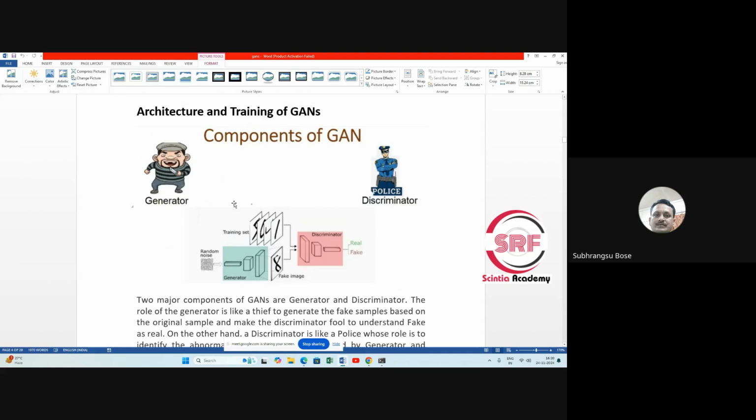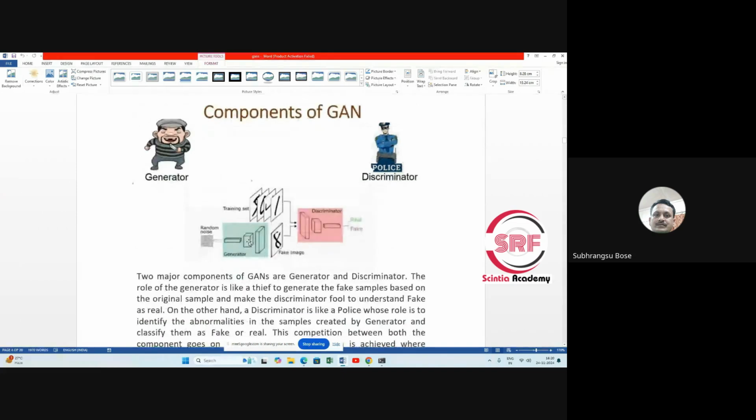So in a GAN, two types of CNN models are functioning. One is the generator, which creates the new image or fake image. The other identifies fake or real, for the discriminator network.